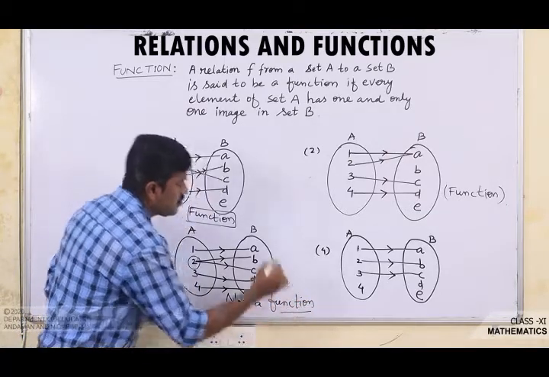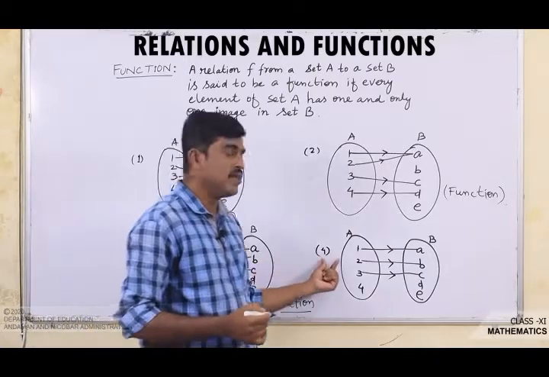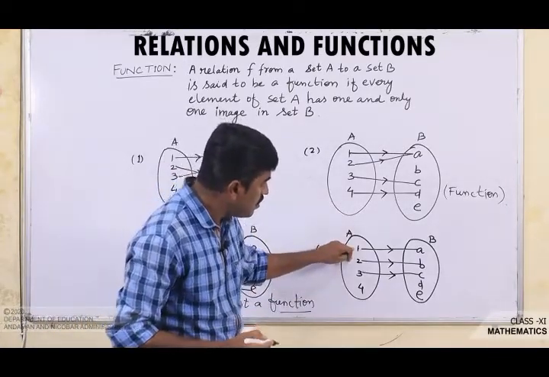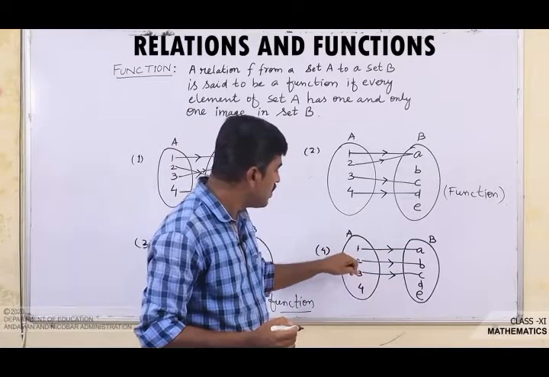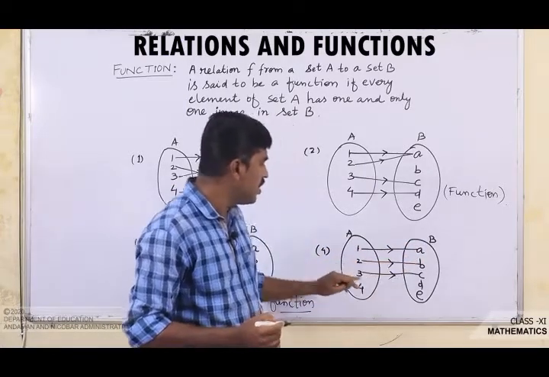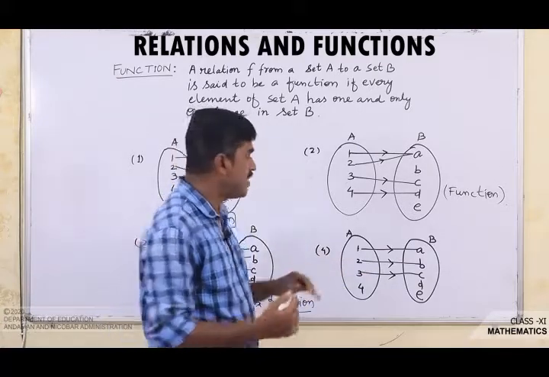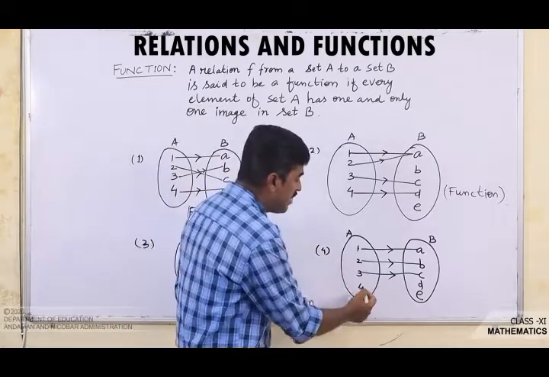Okay. Now let's move on to number 4. Here 1 has the image A, the image of 2 is B, and the image of 3 is C. But there is no arrow drawn from the element 4.